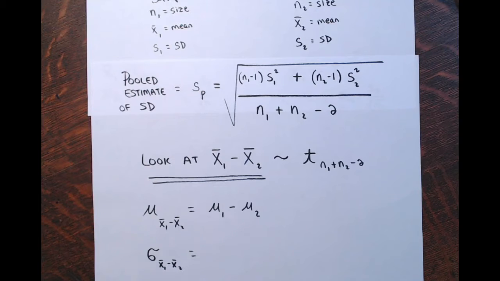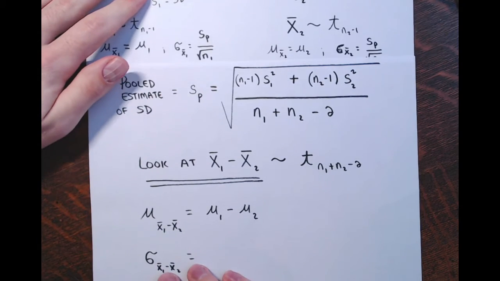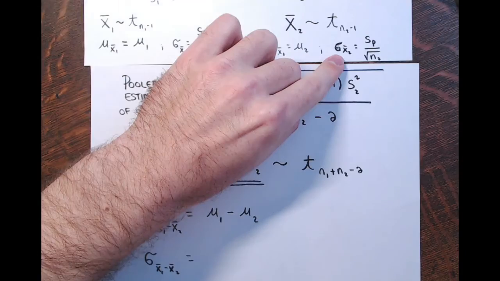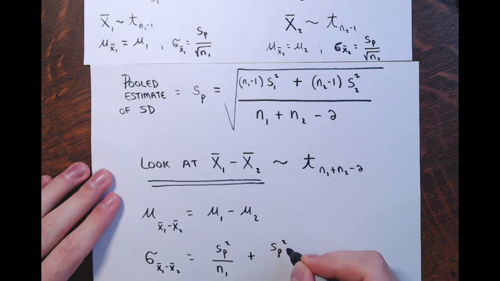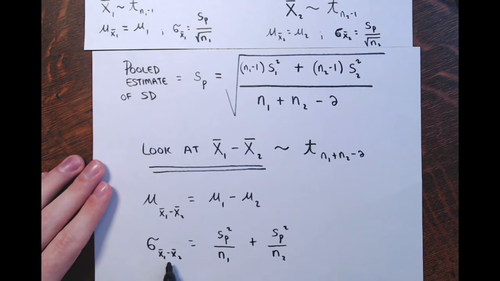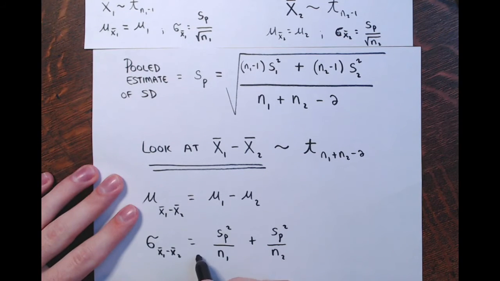If we look at variance, the variance of the difference between two variables that are independent, and we're assuming that these populations are independent, would be just the sum of their individual variances, right? So I'd have sp squared over n1 plus sp squared over n2, but that was the variance of the difference of two independent variables. We're looking at the standard deviation, so I just take the square root of that.